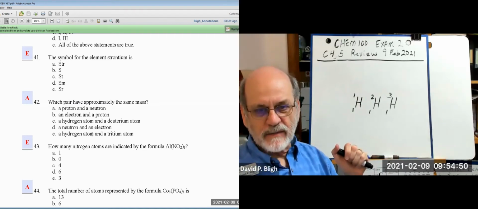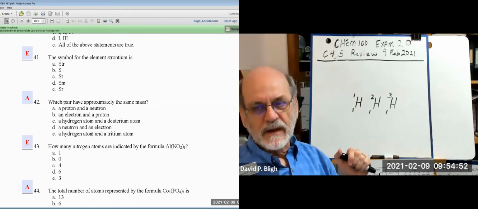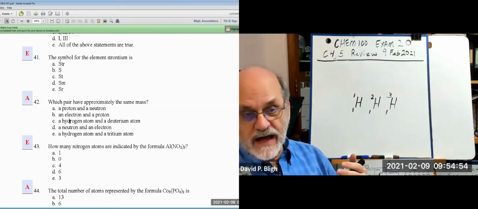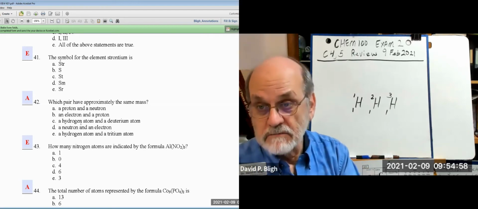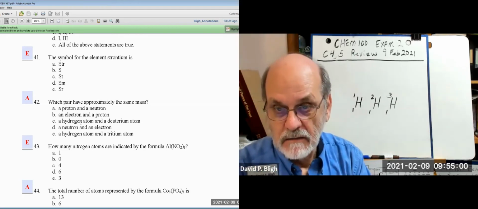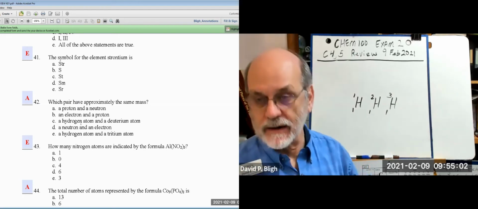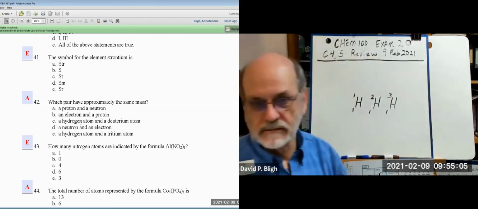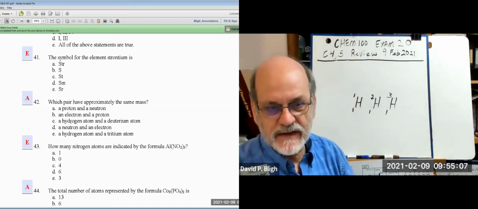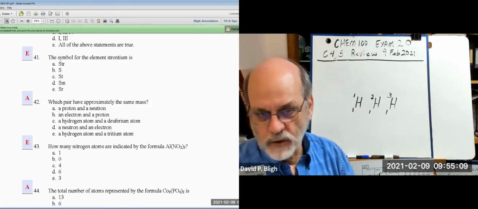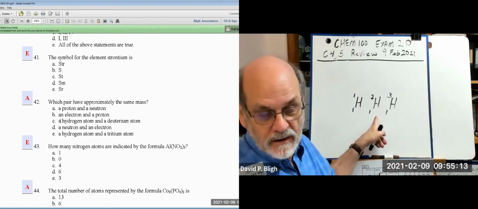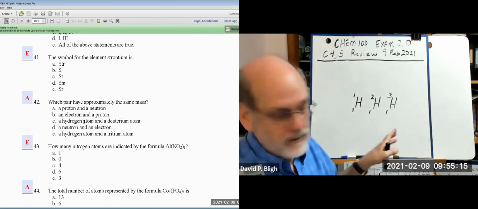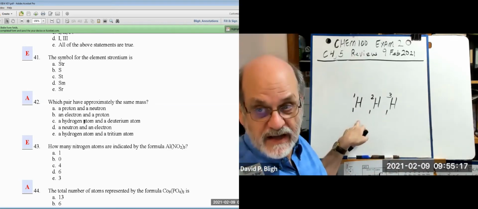And the hydrogen atom and a deuterium atom. Okay, what we're saying here is the hydrogen atom is the most common one. Or actually, it could be the average hydrogen atom, right? So we can't say that this one is the same as that one. We're specifying this one to be that isotope. But the hydrogen atom, we're typically saying it's this one.